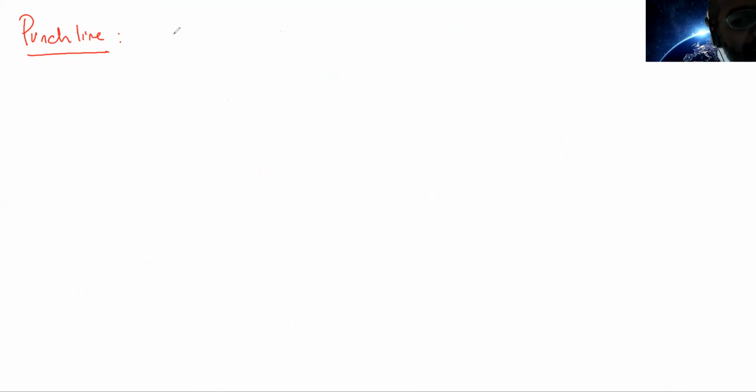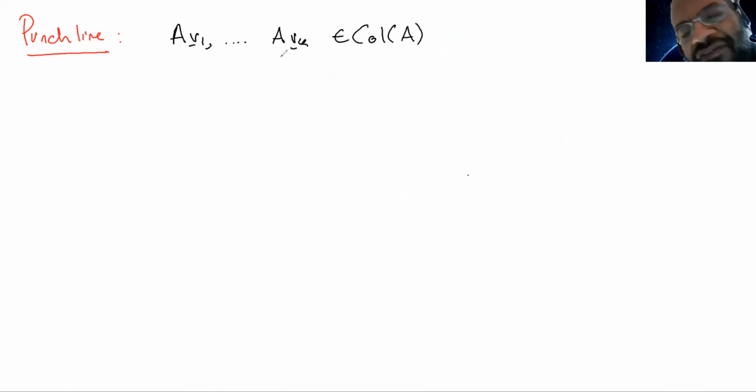The punchline is: consider the vectors AV1 through AVk. Now these definitely live in the column space of A, right? By definition, they're A times some vector. These are also orthogonal.